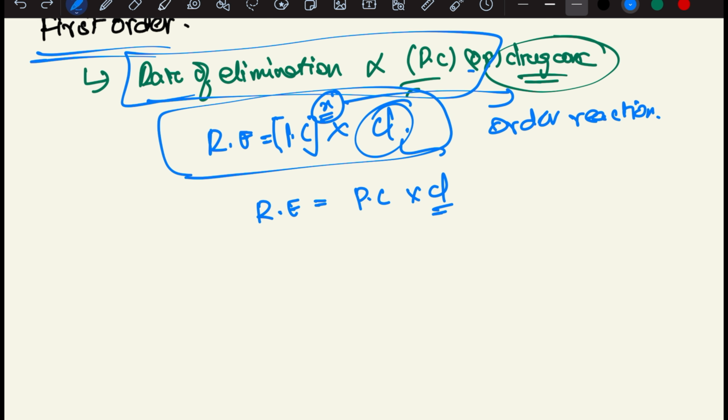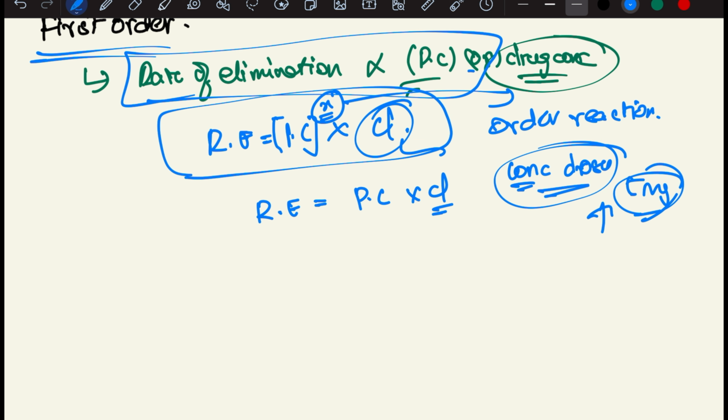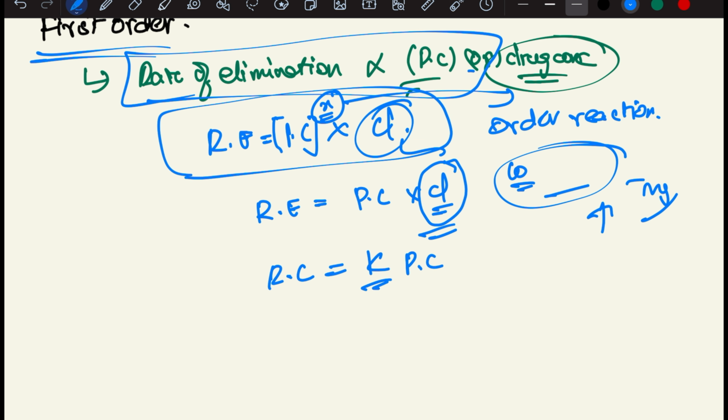I'll explain that. With this statement, we should remember that for a constant dose, at a given time I can give only 5 milligram. I can't increase it. At the same time, can I give 10 milligram or 20 milligram of a particular drug? No. So when the concentration of the drug is constant, the clearance is constant. If the clearance is constant, how does the formula change?